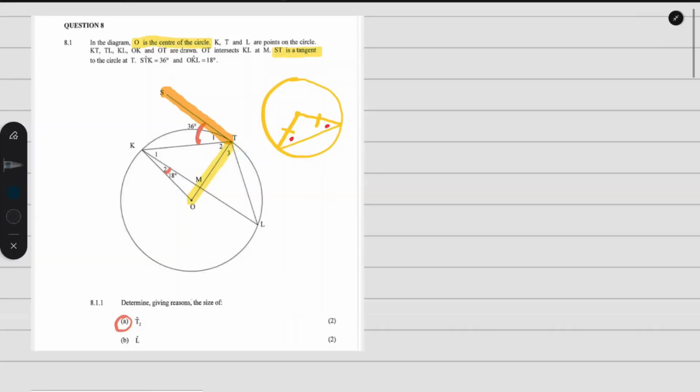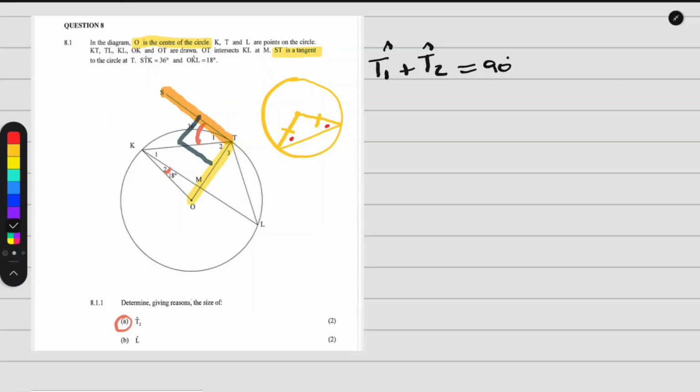Angle T2 is this angle over here. So T1 plus T2 is 90 degrees, and the reason is tangent is perpendicular to radius.